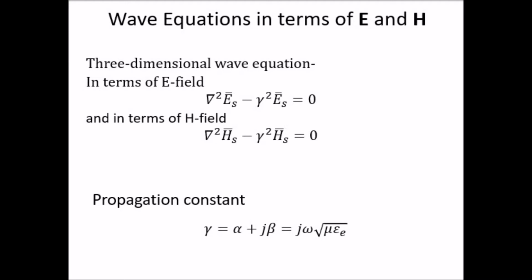So gamma can be written as alpha plus j beta, and the gamma that we derived before is equal to j omega square root of mu times epsilon E. We will be finding the expression for alpha and beta from this gamma.